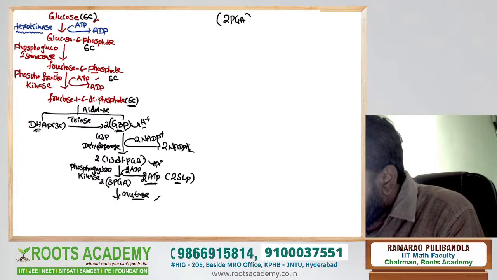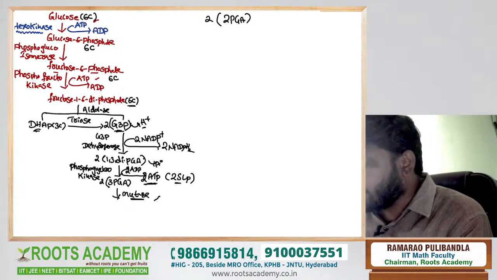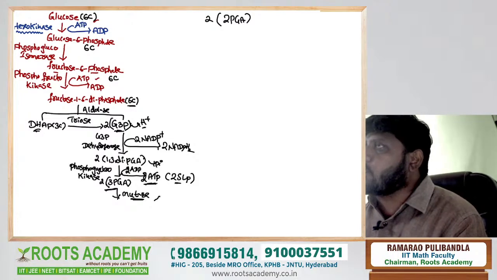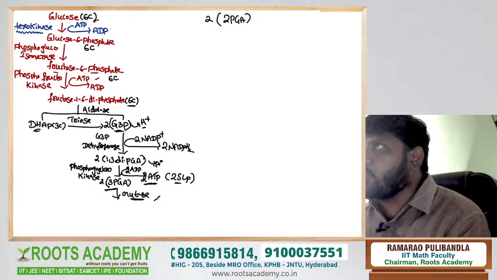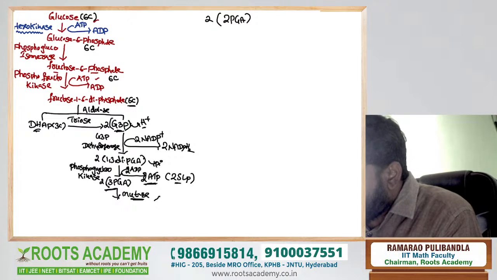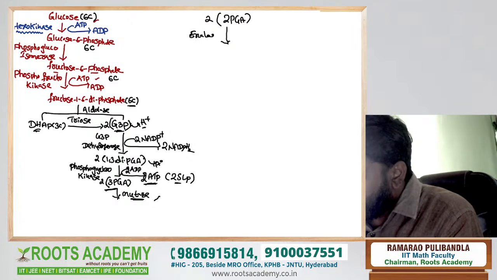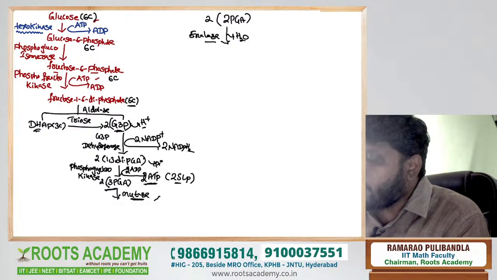How many molecules of 2-PGA? 2 molecules. In the presence of mutase enzyme, 2 molecules of 3-PGA are converted into 2 molecules of 2-PGA. Next, in the presence of enolase enzyme, it removes the water from 2-PGA.